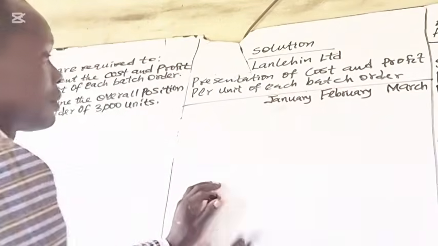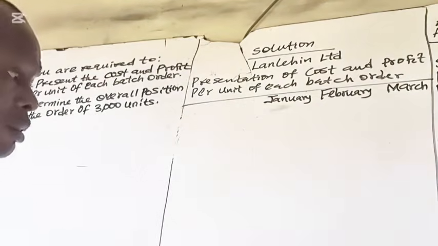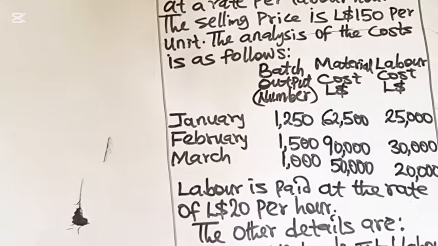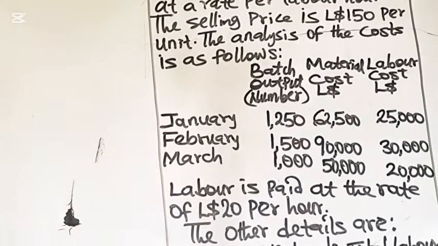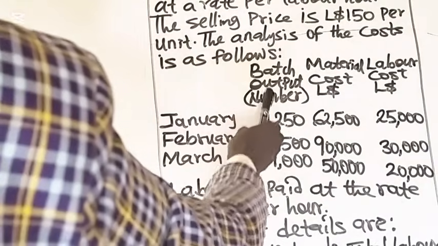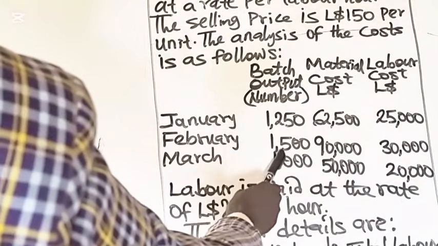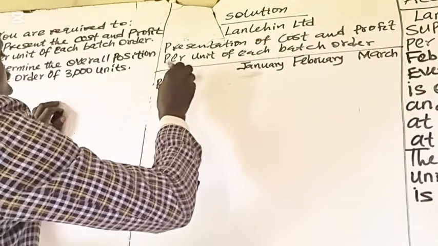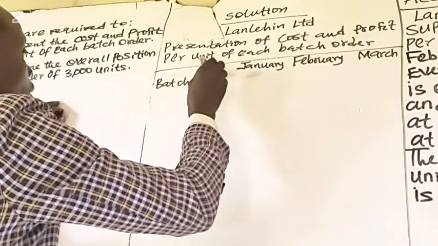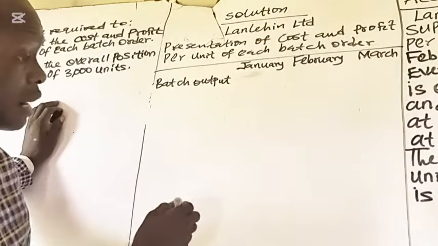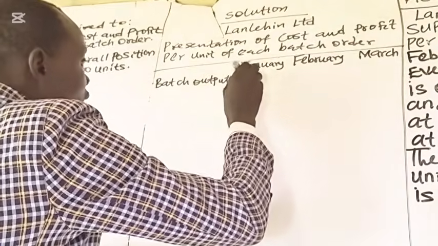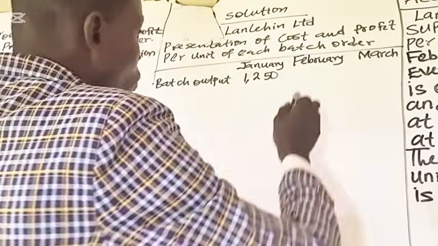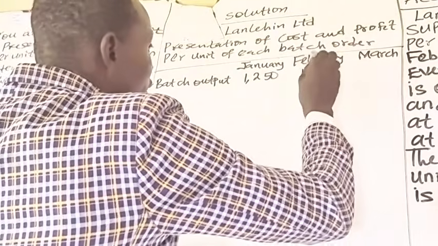But before that, you are given the units ordered. The batch output is 1,250, 1,500, and 1,000. In the month of January, we have 1,250. In February, 1,500.